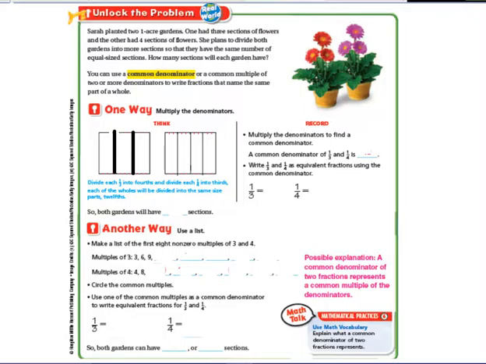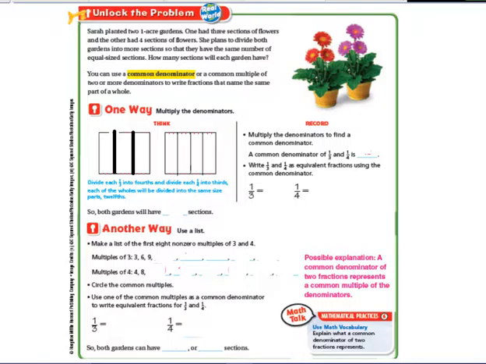And so what I do know is I can multiply the denominator to find this. So if I multiply 3 times 4, that means there's 12. That's a common multiple that they have in common.